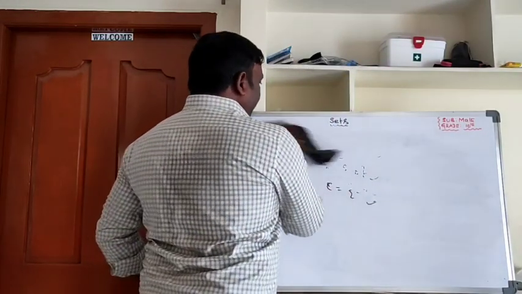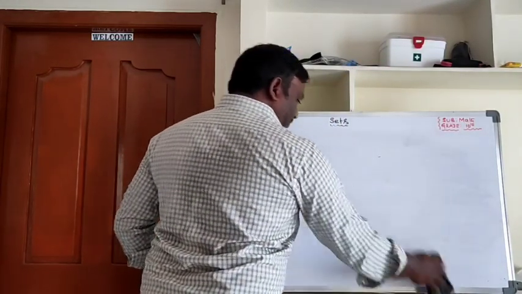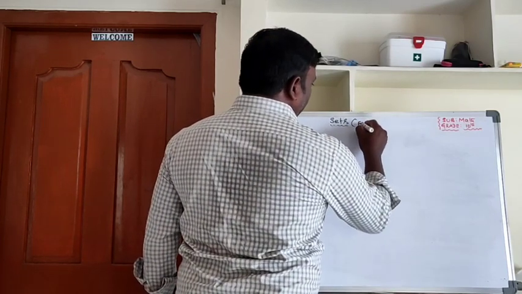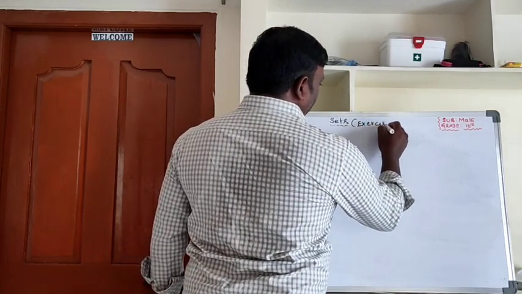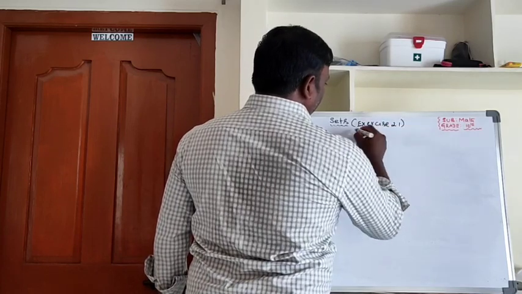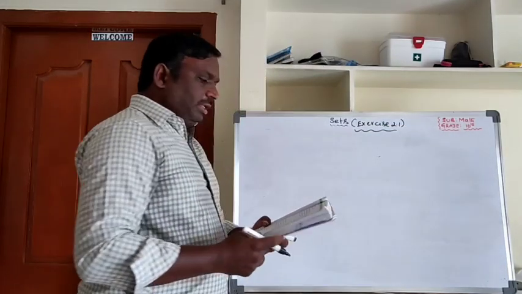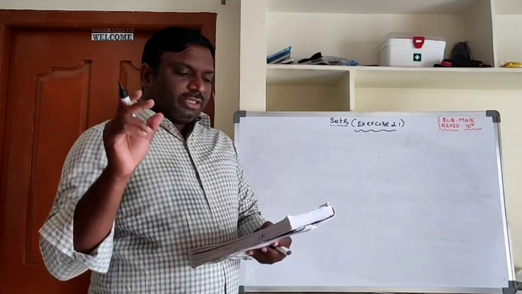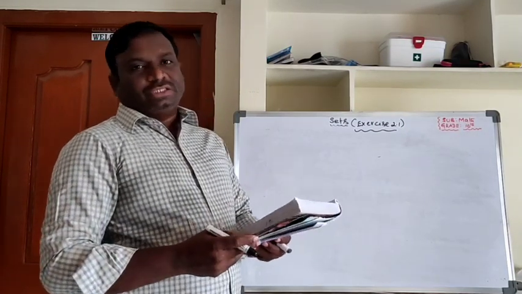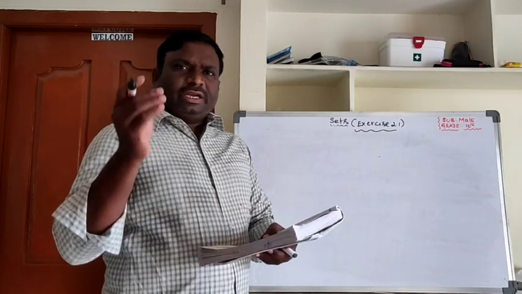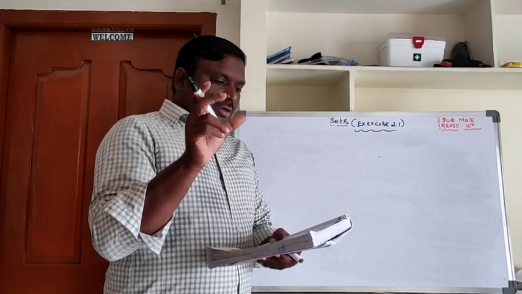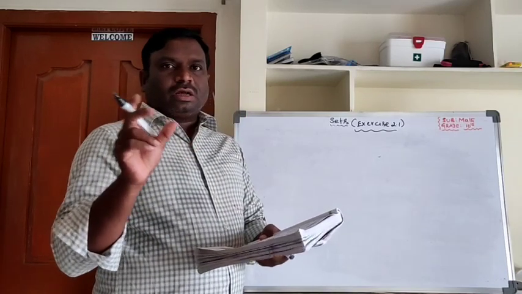Exercise 2.1. So see there, the collection of all the months of the year beginning with letter J. Is it a set or not? Definitely it is a set, because there is a common property for all the months.